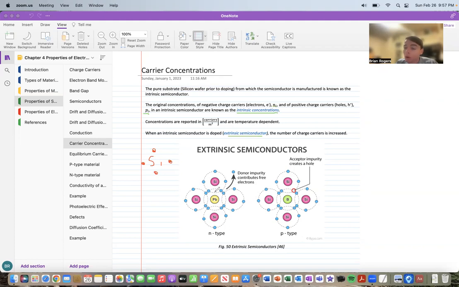So you either have more holes or more electrons. Introducing elements with 3 or 5 valence electrons creates an extrinsic material, because now we're going to have either one extra electron or one extra hole.